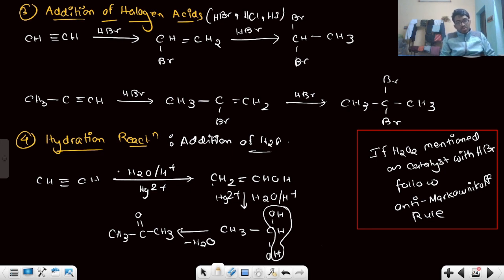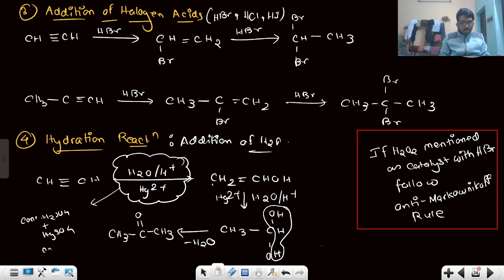So I am writing it over here: concentrated H2SO4 plus HgSO4 can also be written. Don't think that it is not in our syllabus. No. Any compound of mercury having the +2 oxidation state can be used here, and concentrated H2SO4 is definitely a proton donor. Clear? Done.